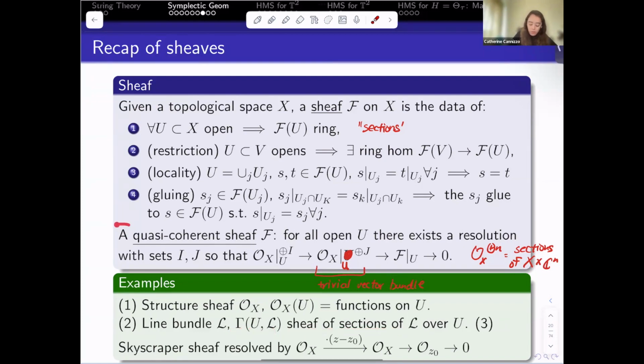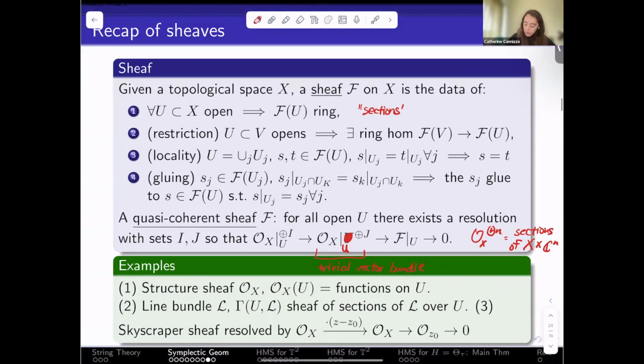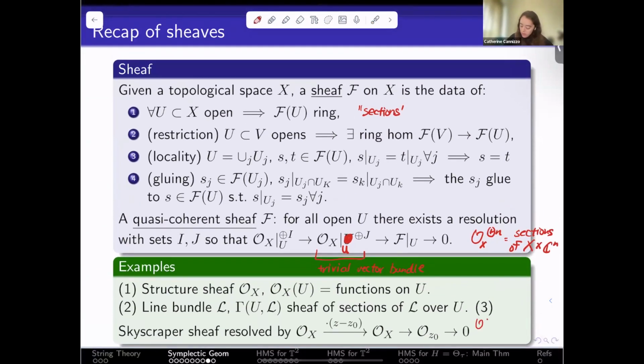A third example, more to the point of this quasi-coherent bit, is a skyscraper sheaf. It is defined to see only the point z_0 in X. The skyscraper sheaf gives you back C if your open set contains z_0.